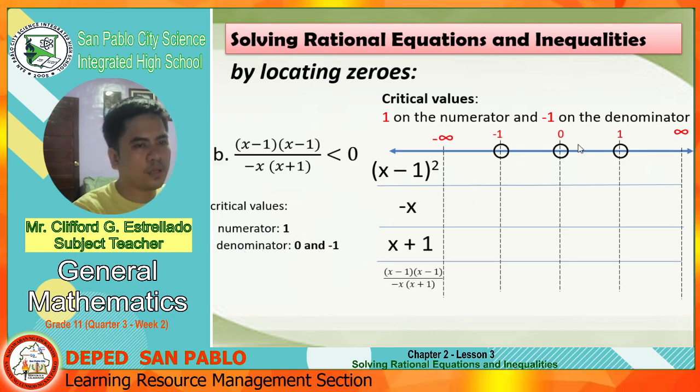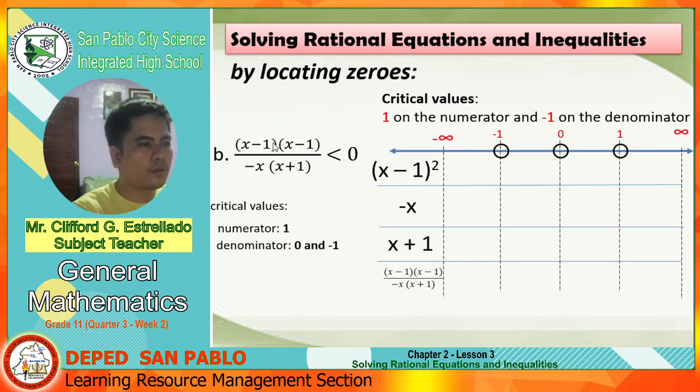That's why for 0 and negative 1 we use a broken line and an open circle, meaning 0 and negative 1 are not part of our solution set. Next, on our numerator, we have positive 1.